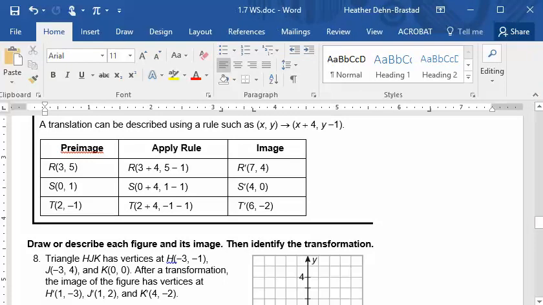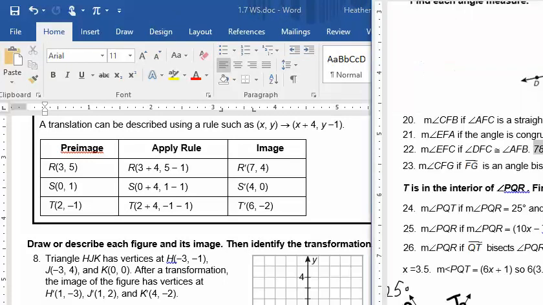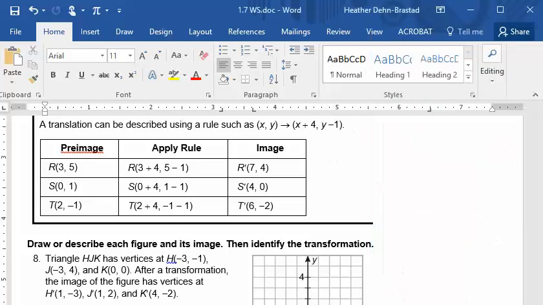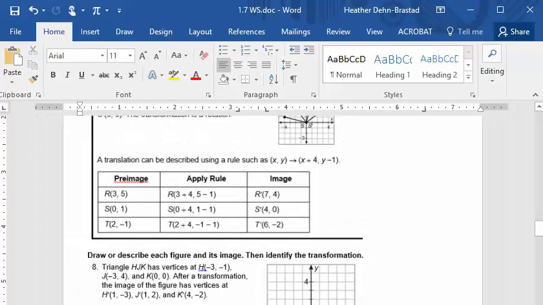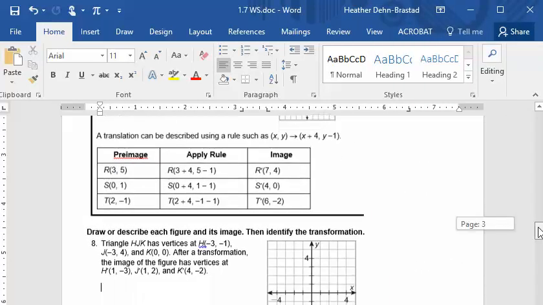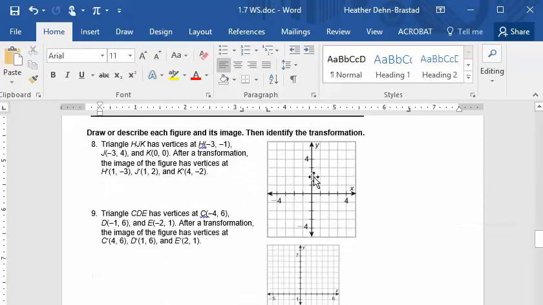Okay, so the top of my Word looks like this. This is the program. I'm going to make it just a little smaller so you can see more stuff. Okay, so we wanted to get to number 8. And I did make this graph a little bigger. All right, number 8 says triangle HJK has vertices at -3, -1.